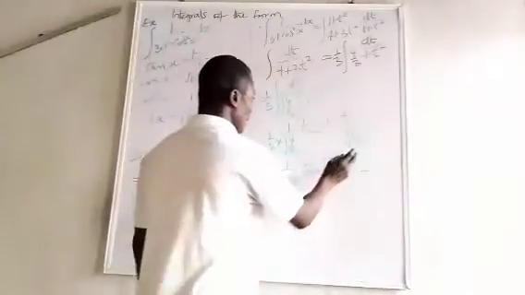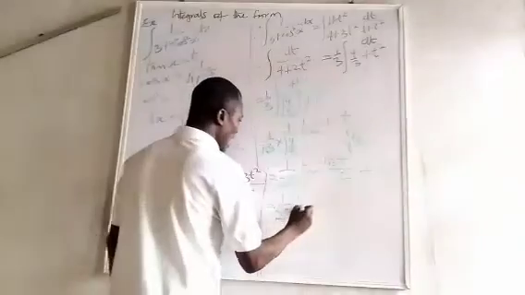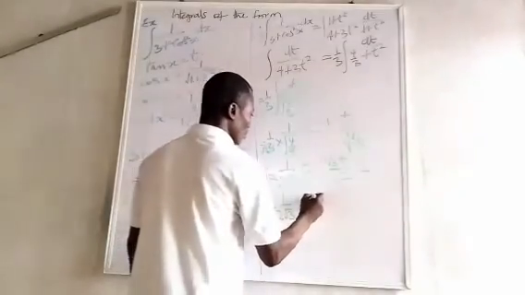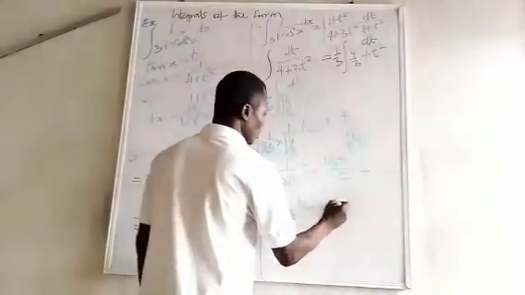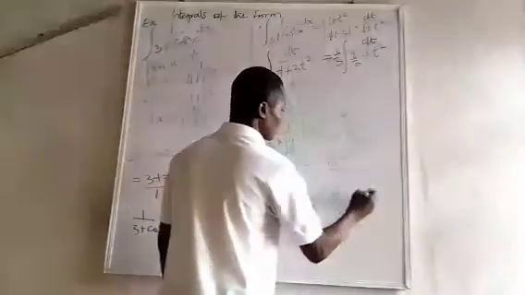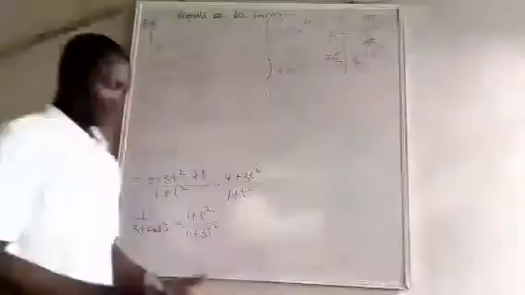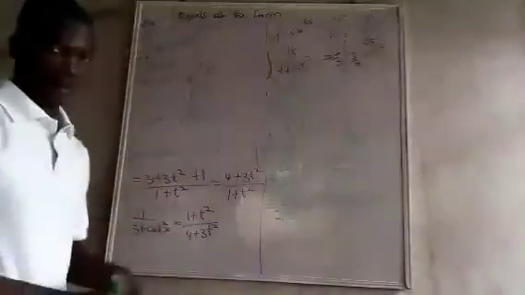So our final answer is now going to be 1 over 2 root 3 arctan root 3 times x over 2 plus c. So you can see, at last, you have a solution for this kind of expression.